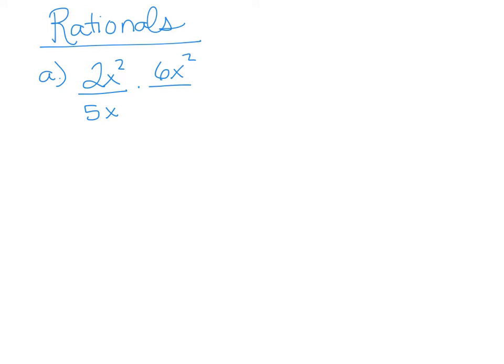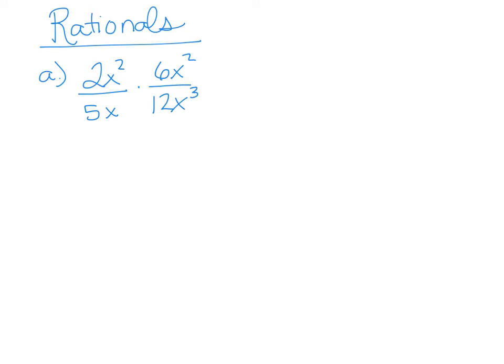Rationals, rationals. All right, so let's say we have 2x squared over 5x. Today we're just going to be doing monomials in our numerators and denominators times 6x squared over 12x cubed.